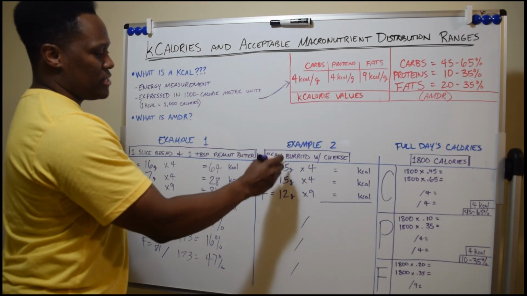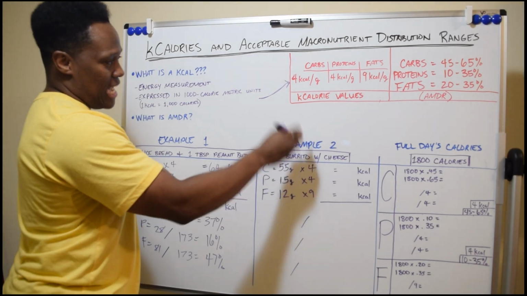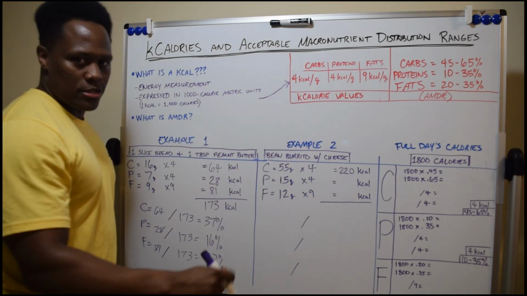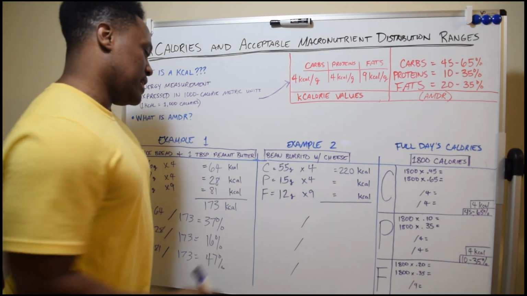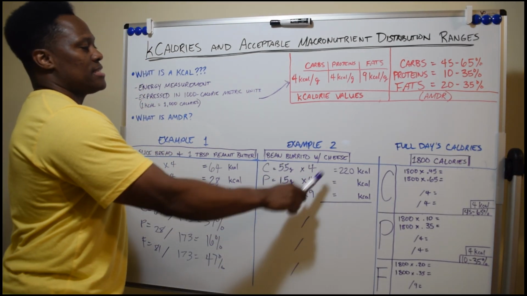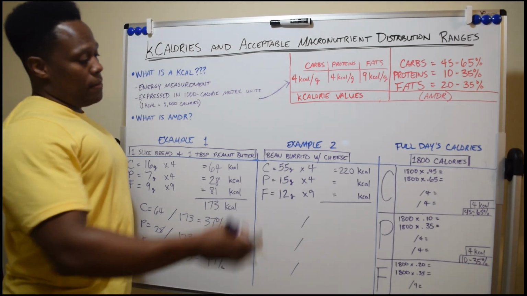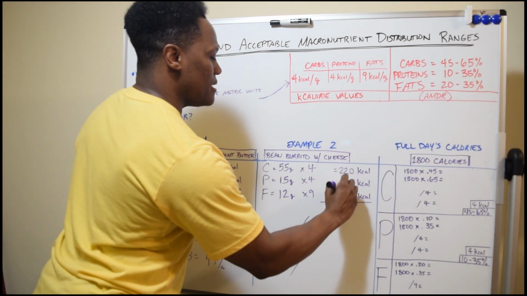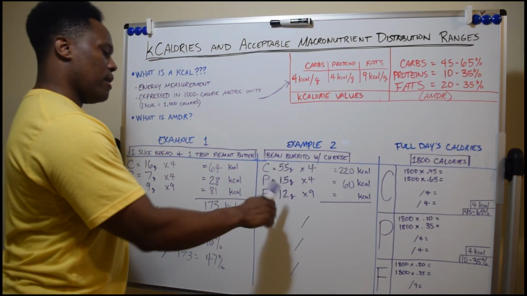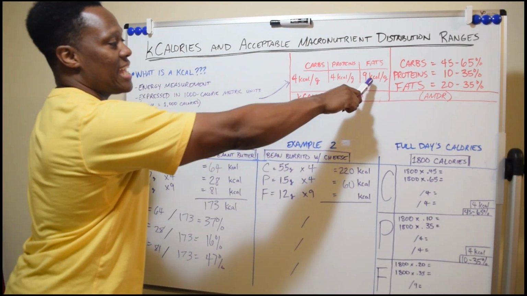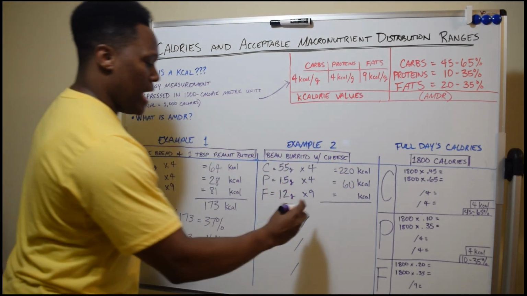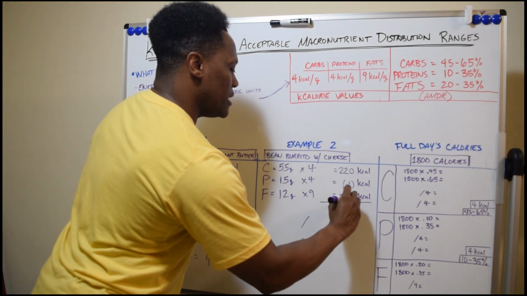For carbs, you take 55 grams times 4 kCals per gram. This is 220 kCalories for carbs. Now proteins, 15 grams times 4 kcal per gram, 15 times 4 is 60. Last but not least, fats, 12 grams times 9 kcal per gram of fat, and 12 times 9, you end up getting 108.